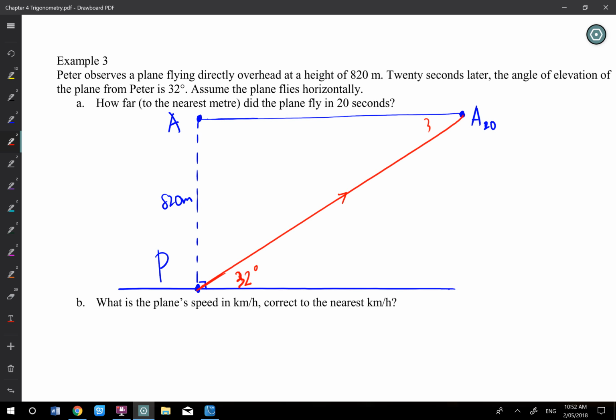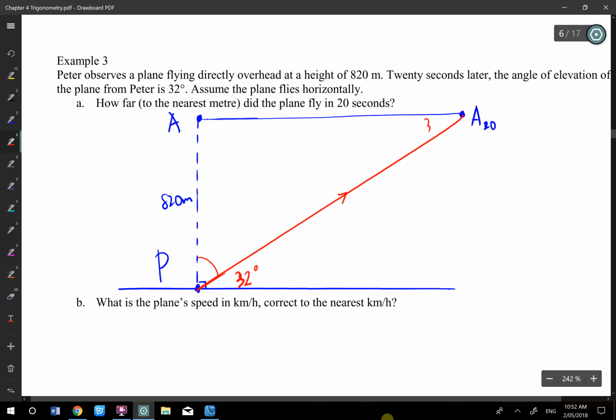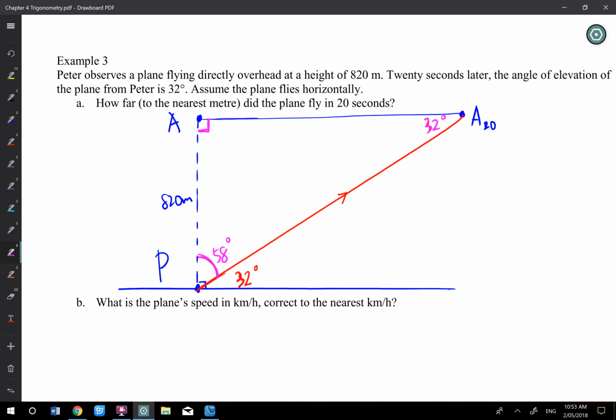So what's the size of this angle then? 58 degrees, good. This one is 32 as well. This must be a right angle triangle, because we look directly vertically up and then move to the horizontal.